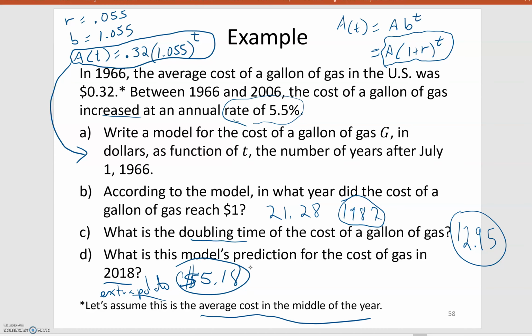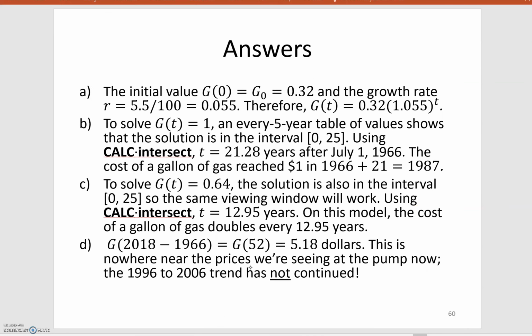Okay, so if you remember 2 years ago, the cost of a gallon of gas was not $5.18, so it was quite a bit less than that. So the model's prediction is not that great, but you know, gas prices are pretty volatile.